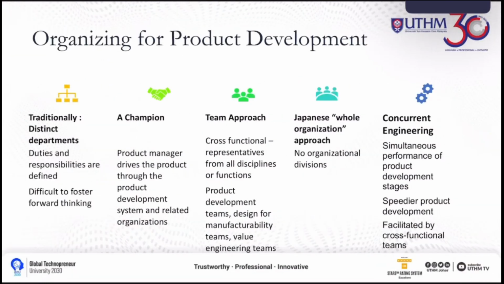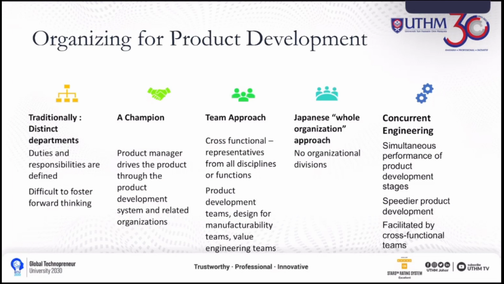Now we move to the next one, which is product development. Normally we have a structure of the organization. Traditionally, if you use distinct departments, every duty and responsibility is defined, for example Department of Engineering, Department of Production.